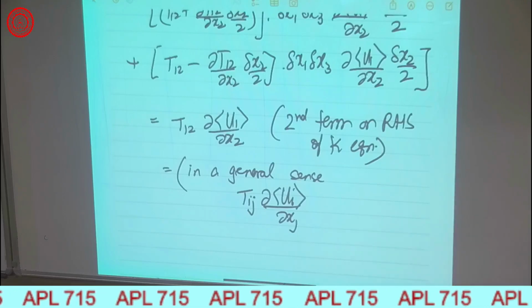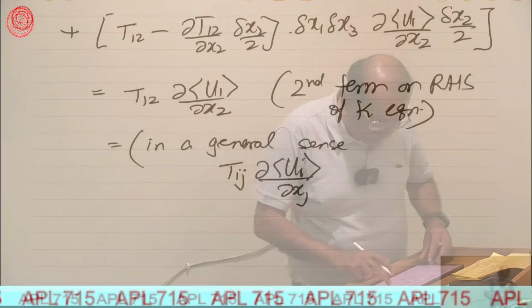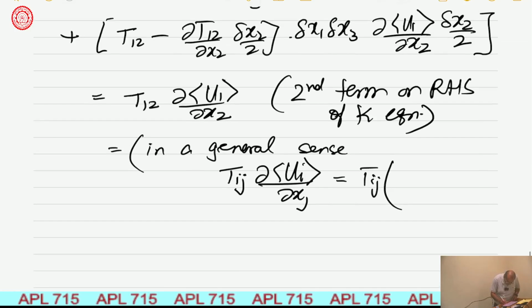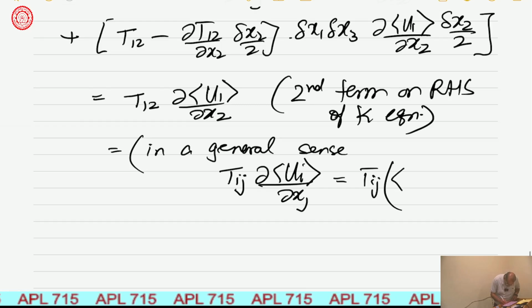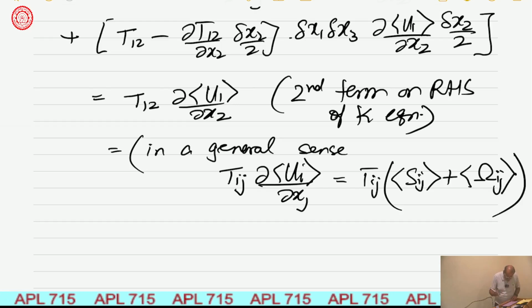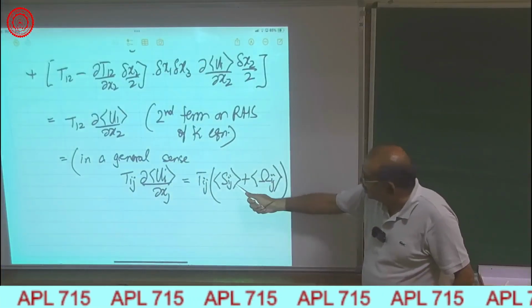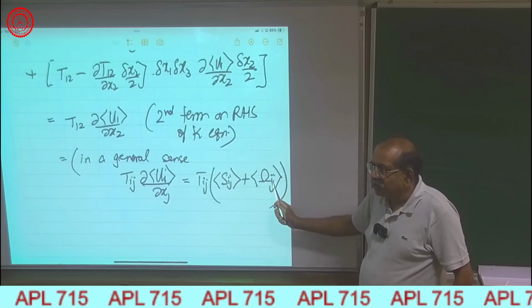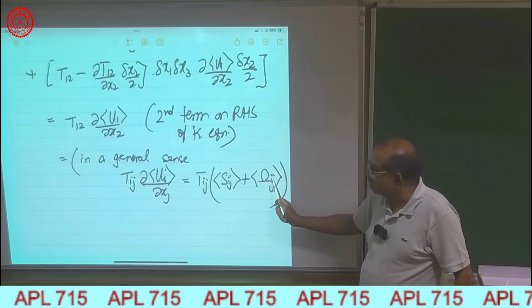And here we can play a bit of gamble. I can write this as equal to Tij times mean of Sij plus mean of omega ij. I can break it into symmetric and antisymmetric part. And the reason for doing that is I know Tij omega ij will be 0 because this is antisymmetric.